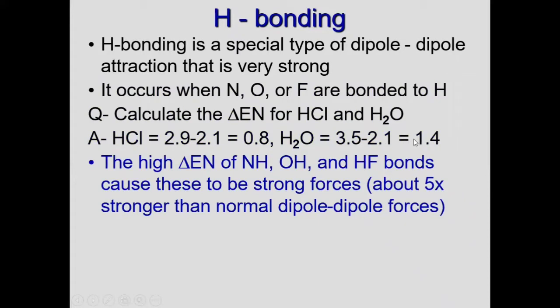Diba? Dun sa previous lesson po natin, we just get the difference of the electronegativity of a given compound. The higher the change of electronegativity, the stronger the force. Nitrogen, oxygen, and fluorine bonds to hydrogen cause these to be strong forces, about 5 times stronger than the normal dipole-dipole forces.